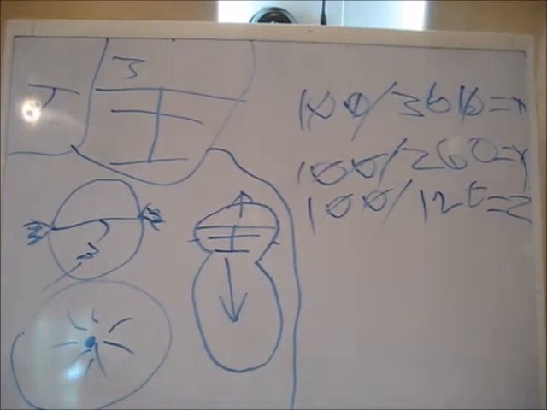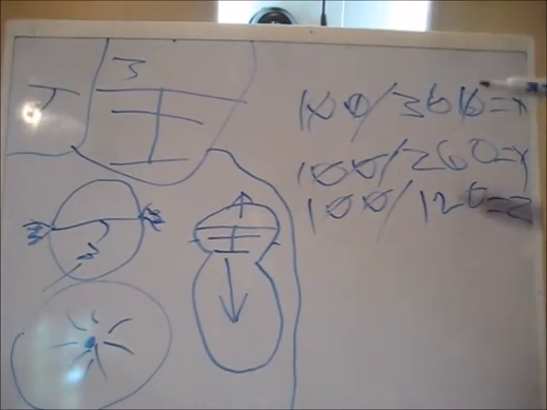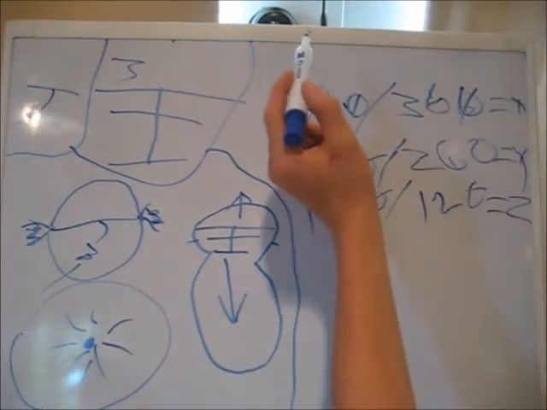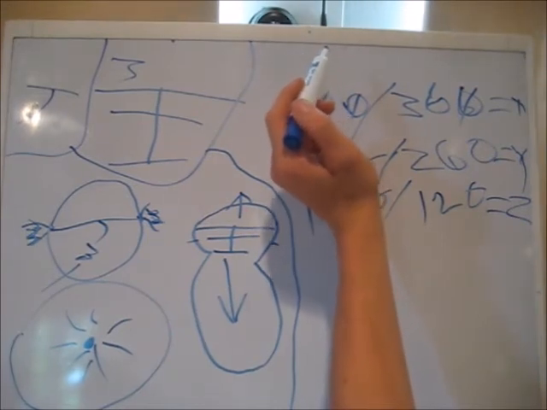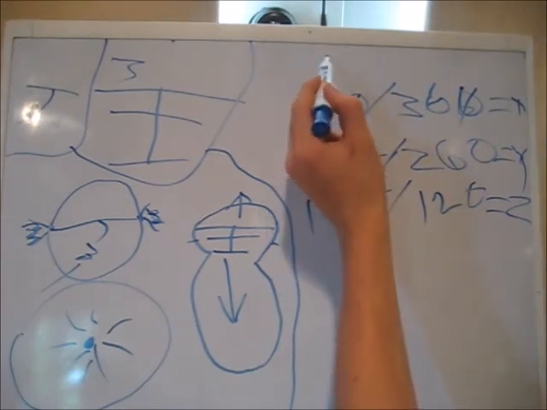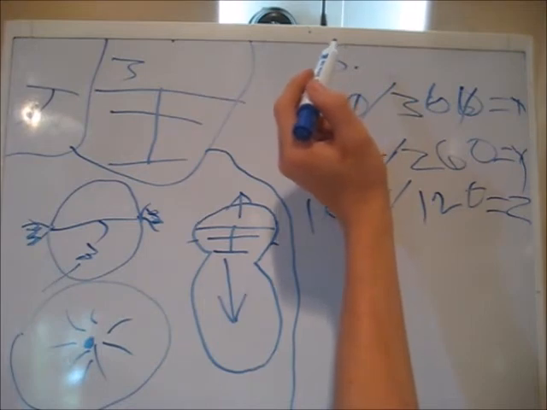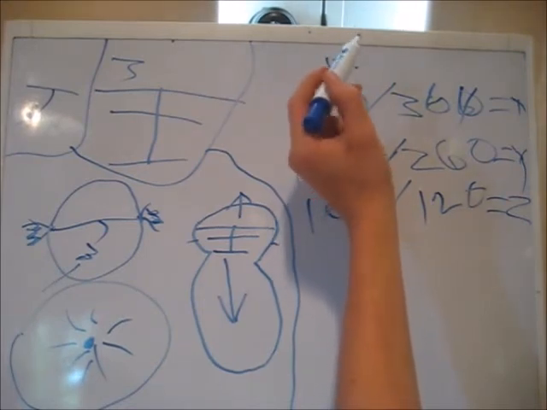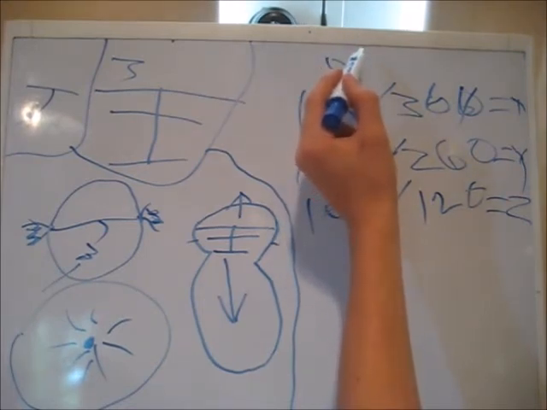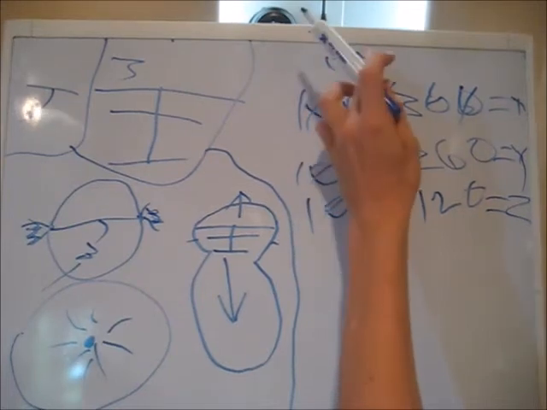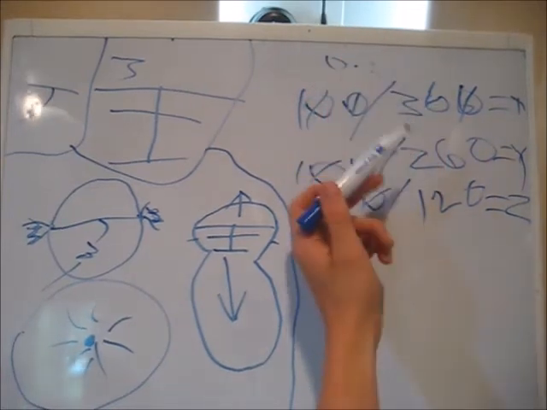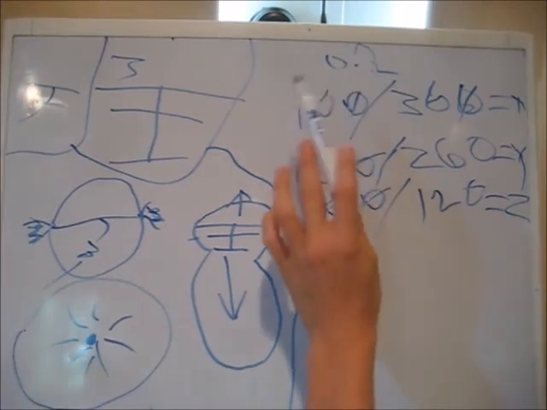Now this is important because 100 divided by 360, for some reason I can't just think of that in my head right now. It's going to be roughly 0.2. This is not accurate.